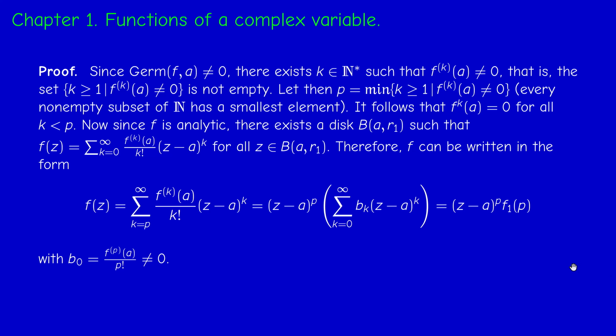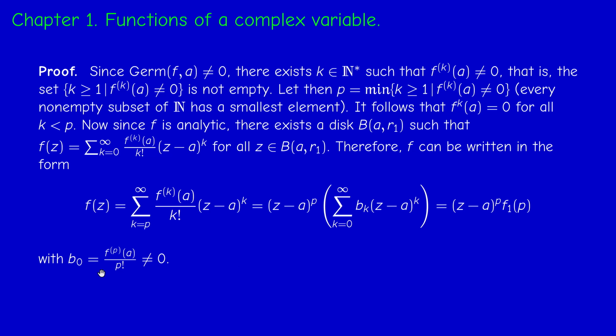Because what is F1 of A actually? If I put Z equal A here, all terms vanish except the first one, which is B0, because this is 1 when K equals 0. So F1 of A is just B0.